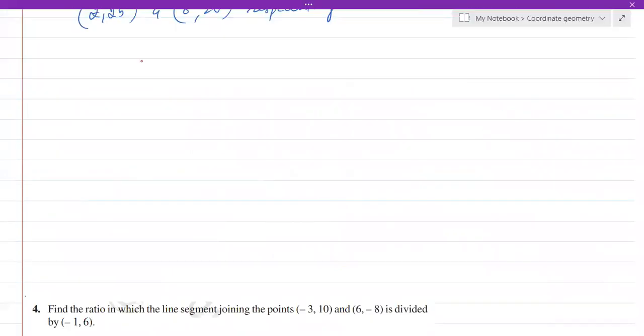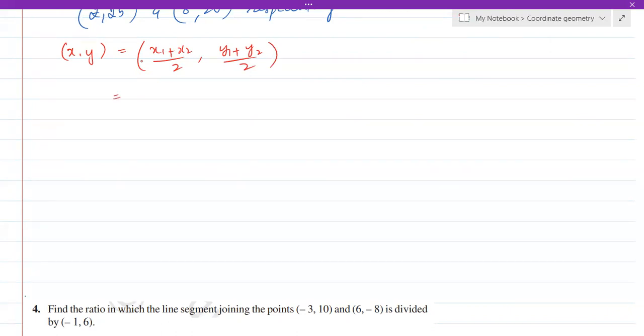Coordinates of R, that is x comma y, will be equal to (x1 plus x2) divided by 2 comma (y1 plus y2) divided by 2. Why are we using the midpoint formula? Because in the question they have clearly mentioned that Rashmi has to post the flag exactly in the middle, in between Niharika and Preet.